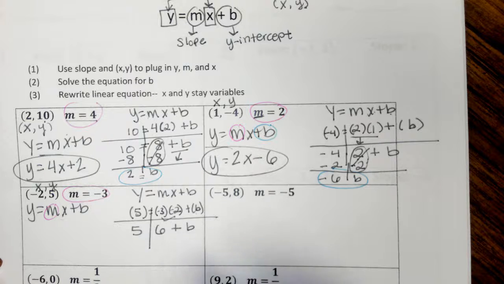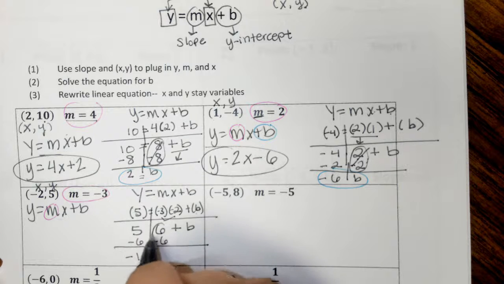All of our variables are already on one side, so we need to collect all of the constants on the other side, which means we have to get rid of the 6. That's a positive 6, so to undo it, we'll subtract 6 from both sides. On the left, 5 minus 6 is -1.